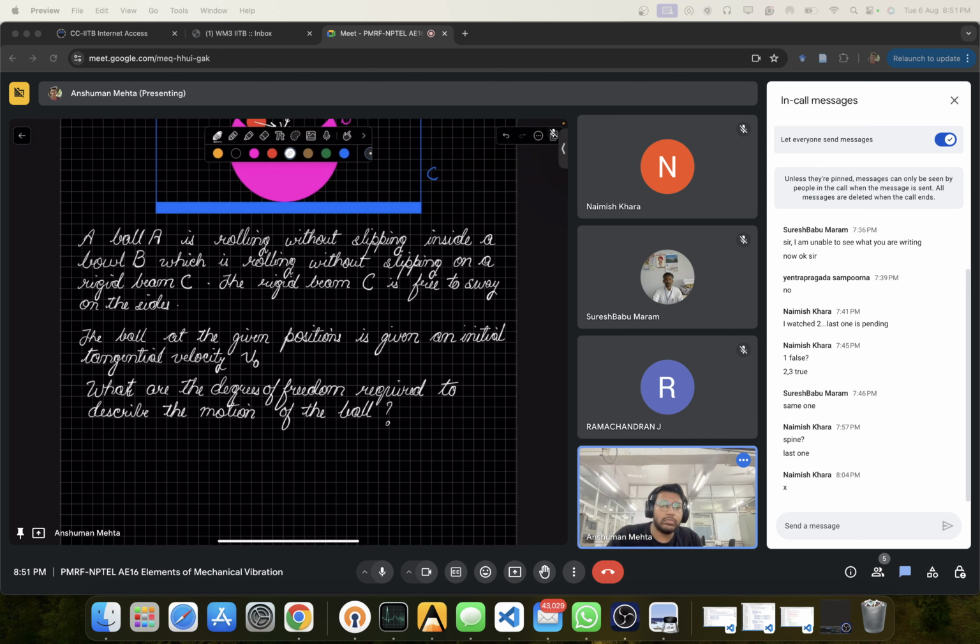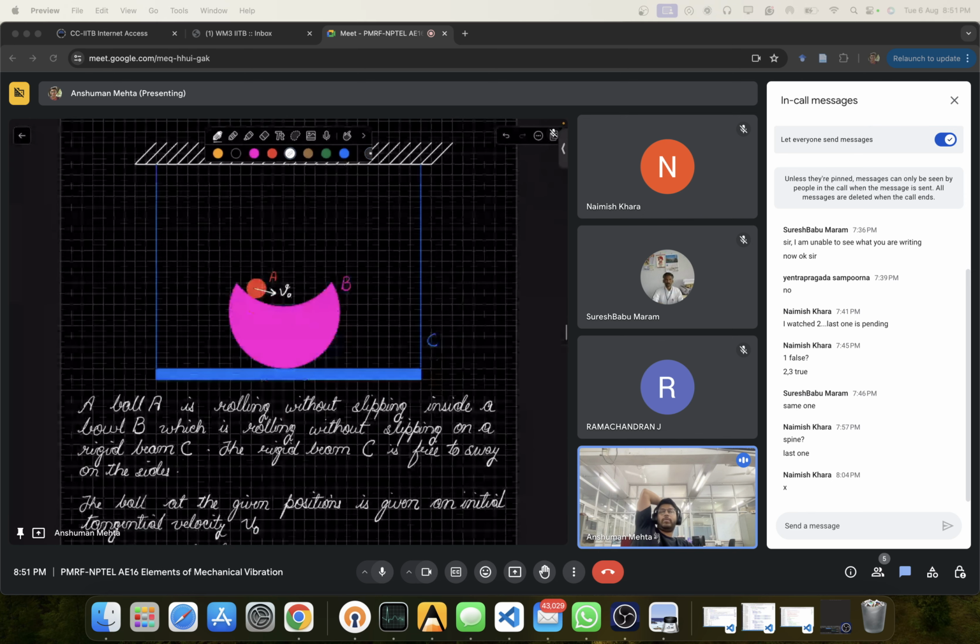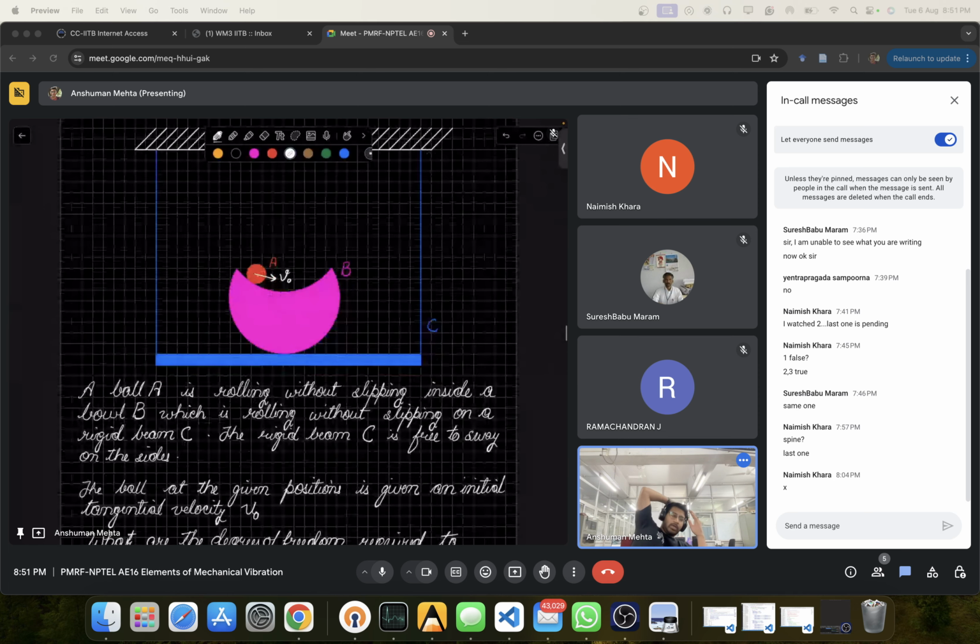Anyone? So this ball A is in pure rolling motion inside bowl B, and this bowl B is again in pure rolling motion with respect to this beam, and that rigid beam is free to sway.